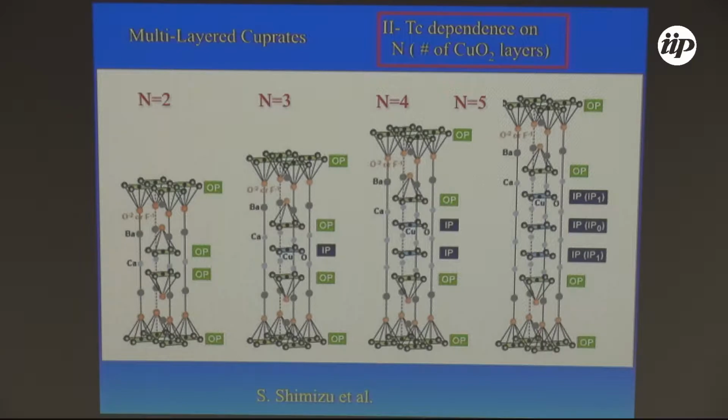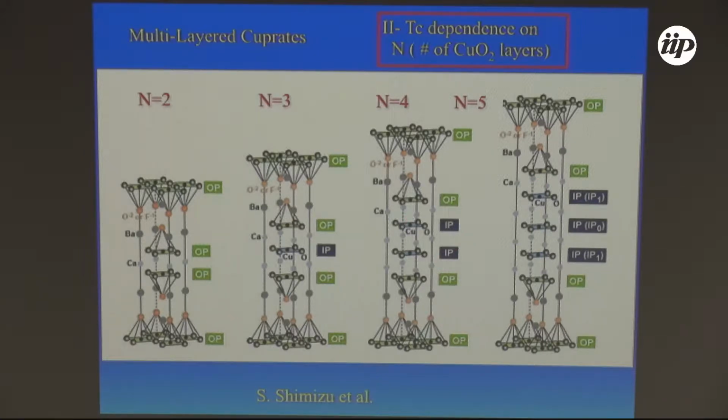So the second feature of the phase diagram, on which we are going to concentrate, is the dependence of Tc on the number of layers. As we know, these copper oxide planes are central in the physics of the cuprates. But there are materials with 1, 2, 3, 4, 5, and so on planes.